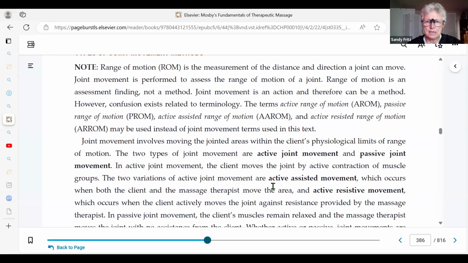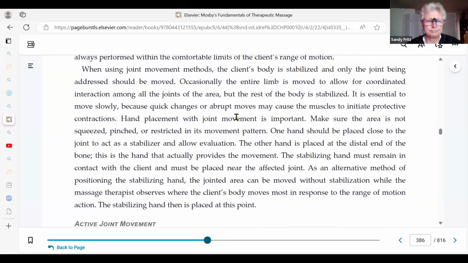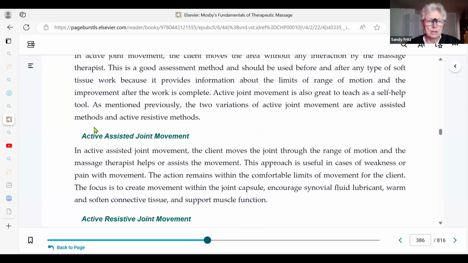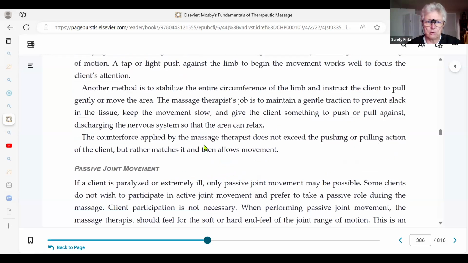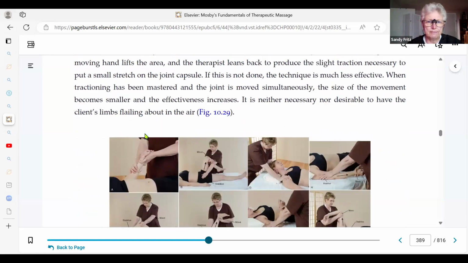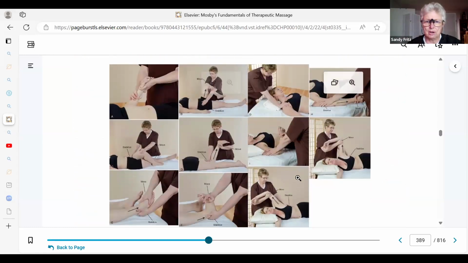The therapist can help them move, which is active assisted, or the massage therapist can challenge it and provide a resistance against which the client moves. So here is more example of that, and you have practiced all of this.